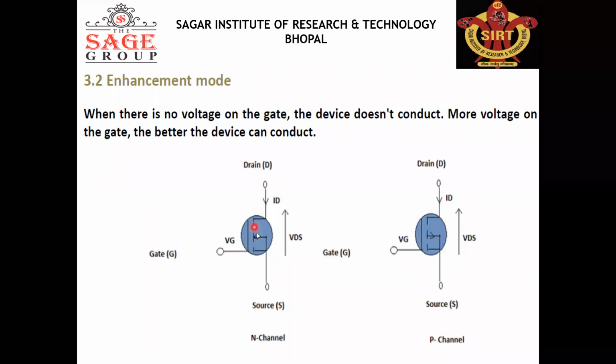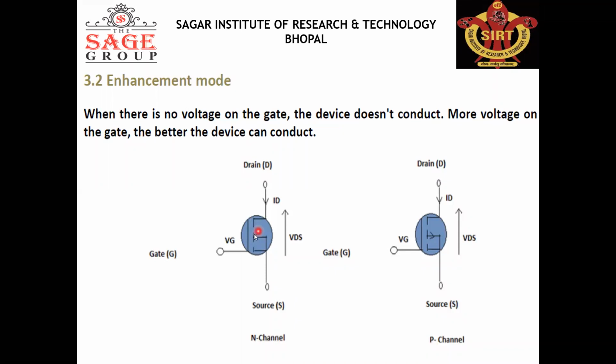The line break shows that the channel does not exist between the drain and source. For charge carriers to flow from source to drain, the channel should be present, but the channel is not there, hence the current does not flow when there is no voltage on the gate.